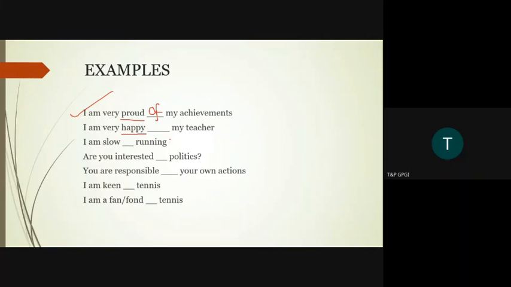So there is a set of adjectives, and a particular preposition goes with a particular adjective. Please pardon my handwriting. So I'm very happy with my teacher. I hope you all are.